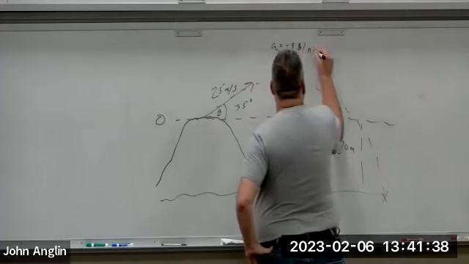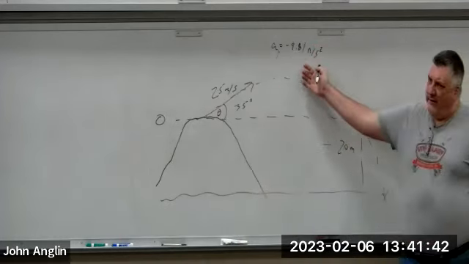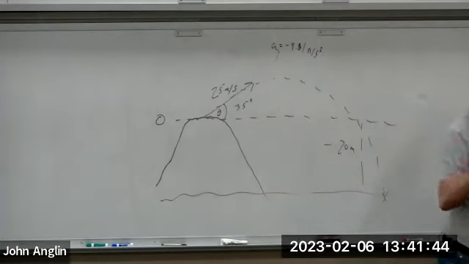Another quick caution about units. When I'm doing these problems on the board for you guys, I tend to omit the units because I know that the units are correct and match up.